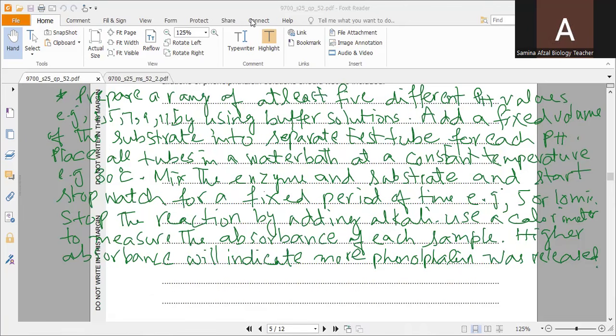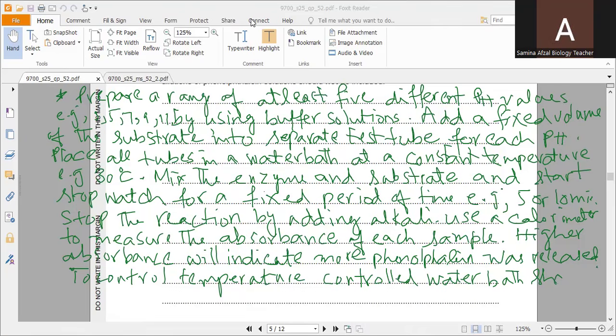Temperature should be controlled; controlled water baths should be used.